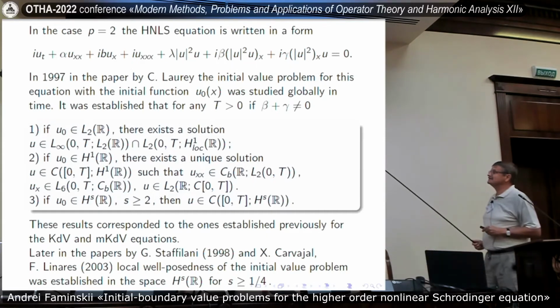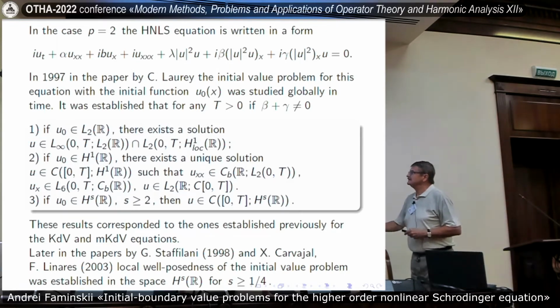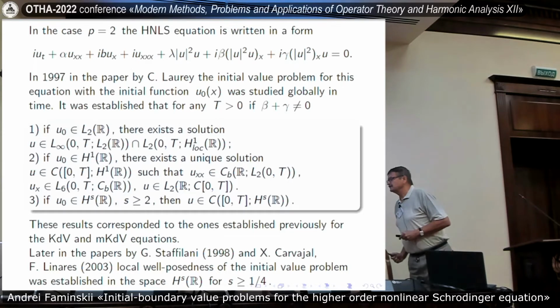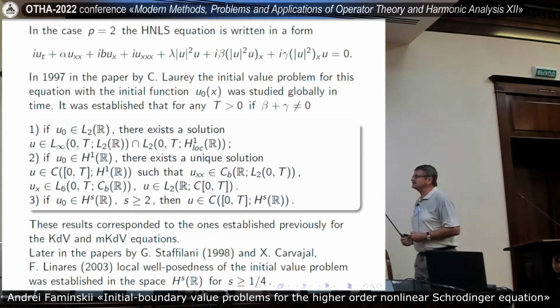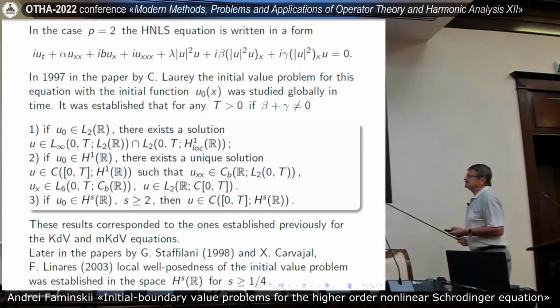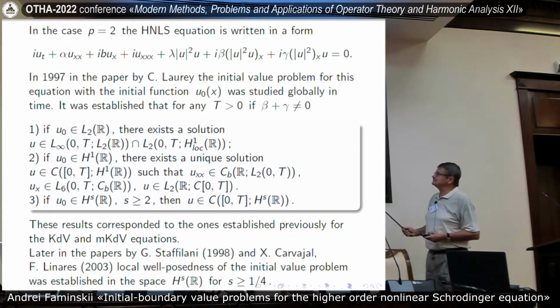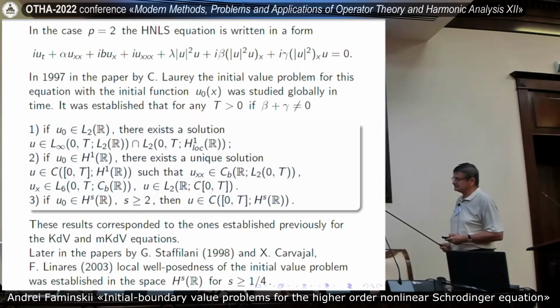I will speak about this later. Then, if U0 is from H1, then a class of well-posedness was constructed. These results corresponded to the ones established previously for the KdV and the modified KdV equations.